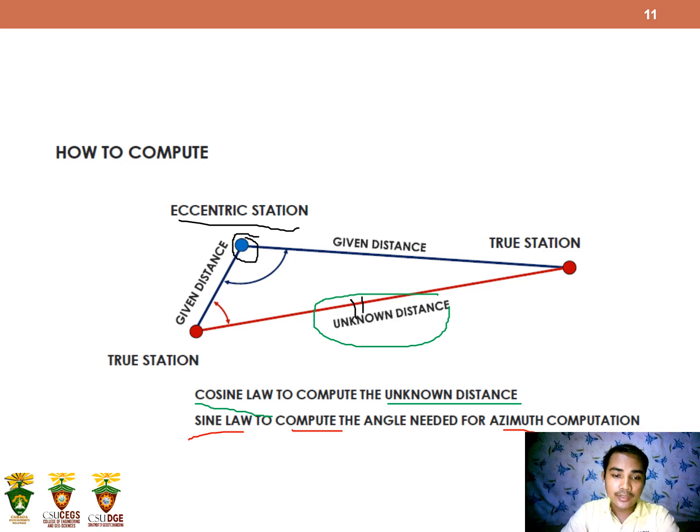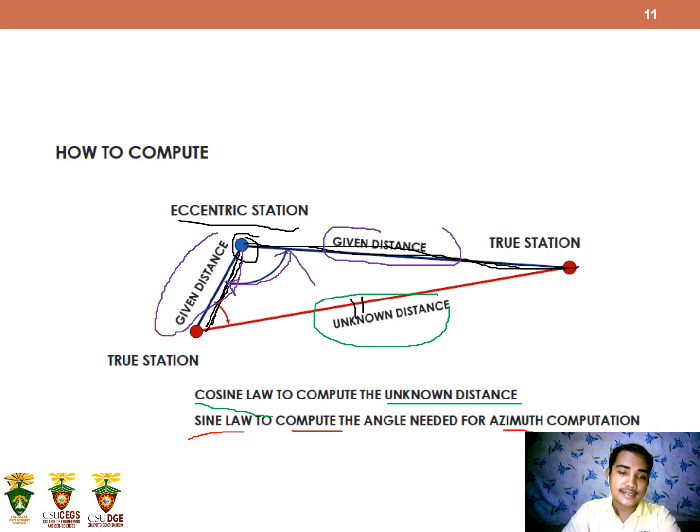Out of that, we can get directly the given distance from this eccentric station to the first true station, and the other one is the distance to the other true station using also the eccentric station. Besides these two given distances, we can also get this horizontal angle.